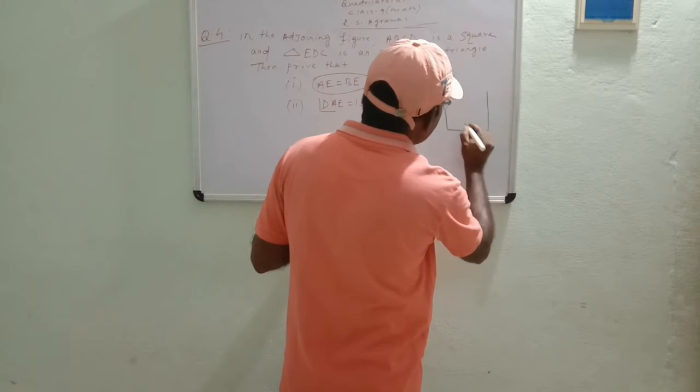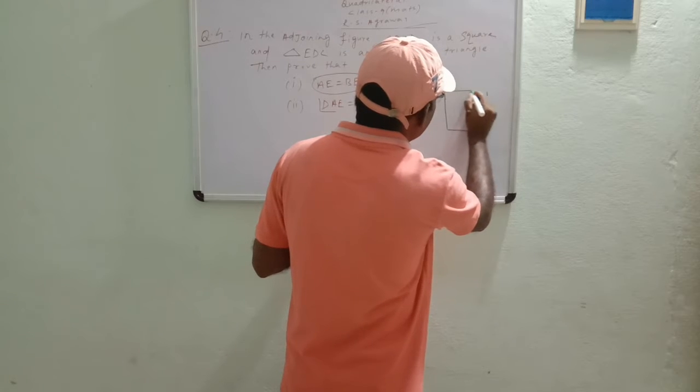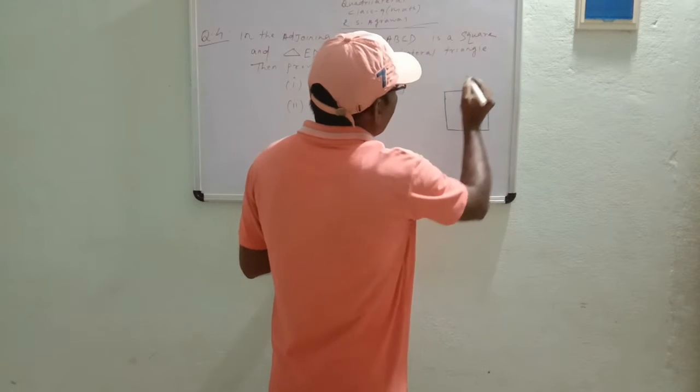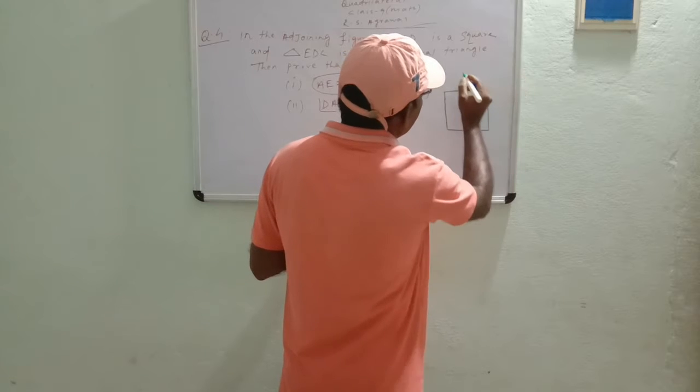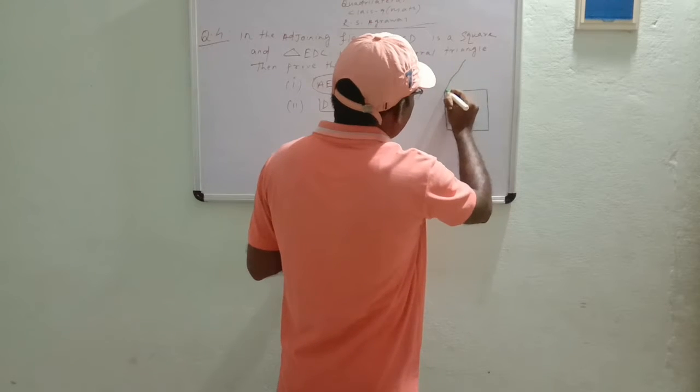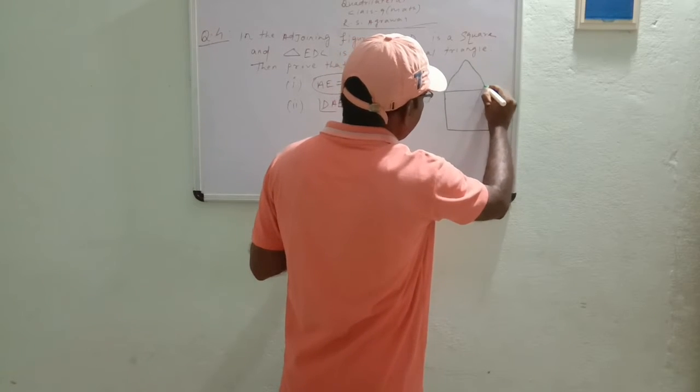It is the square ABCD and it is the equilateral triangle EDC.